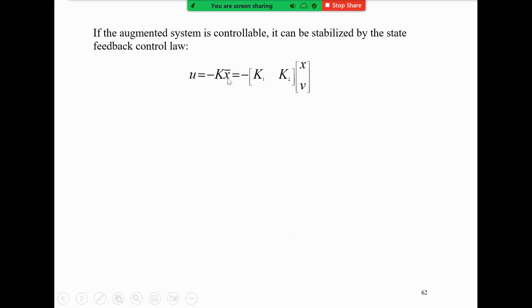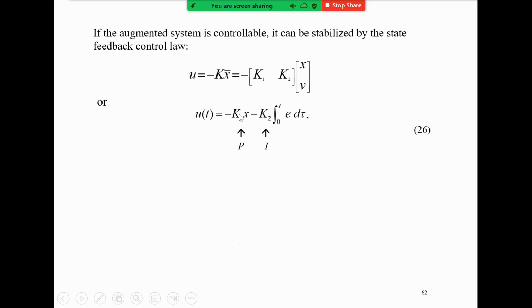But here, when you design the state feedback, you know that this state vector is the augmented state. X bar includes both X and V. So here you can analyze the expression of this controller. The controller includes 2 parts.